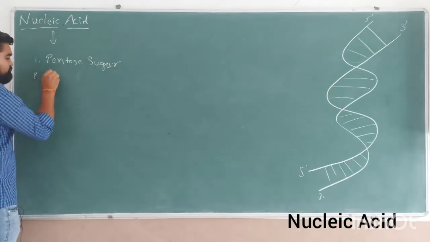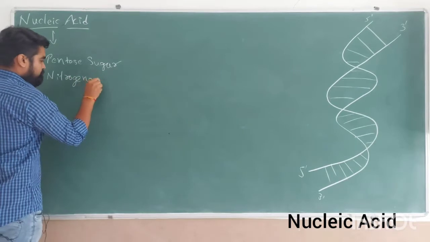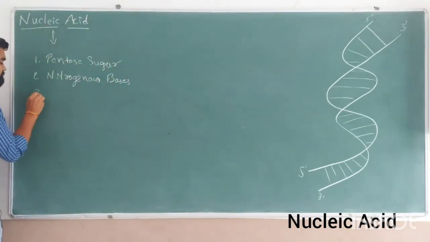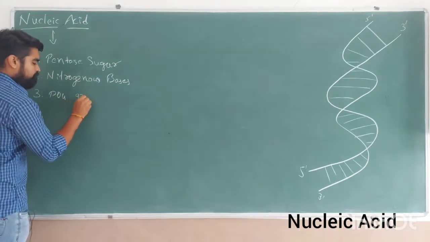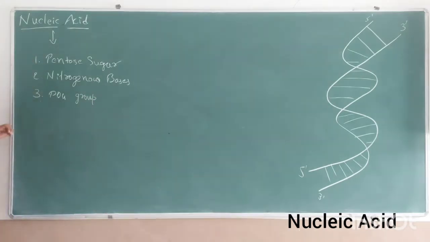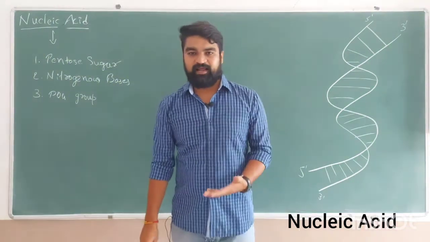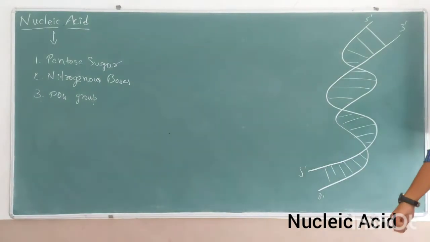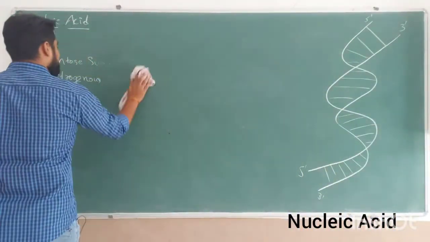Second is nitrogenous bases. And third is the phosphate group. These are the three compounds involved in the structure of the DNA. Now how they are arranged and what the bonds between them are is what we are going to discuss here today, and ultimately how it forms a structure like this.